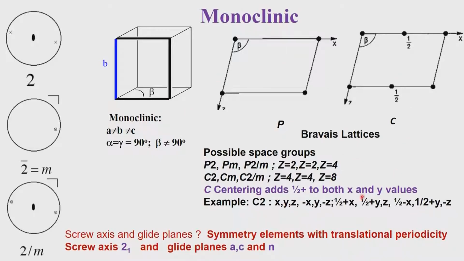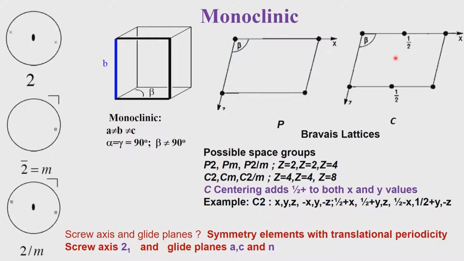In the case of the presence of the C centering lattice, you will have additional points. The same logic can be used by using translational periodicity associated with x, y and z. We can bring all the 4 points inside the unit cell. So, if you have this point which is x, y, z, you will have the corresponding x bar, y, z bar up to here. So, there will be a position which is now here, which is also a twofold symmetry.